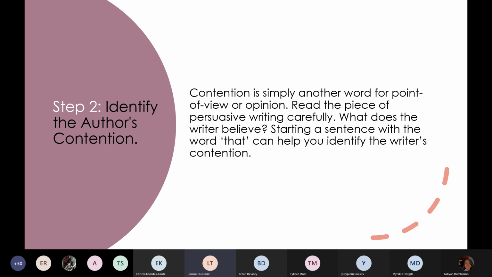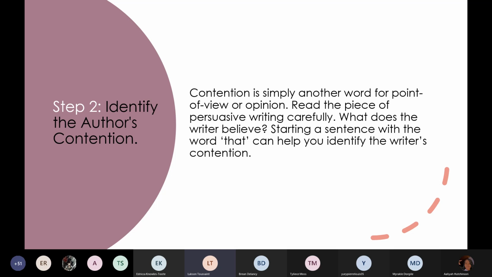So you read the persuasive writing carefully, and then you ask yourself the question: what does the writer believe in all of this? If the issue would have been, should teens be able to have private appointments, then the author would have said, "Well, I disagree with that." So what does the writer believe about that particular issue?